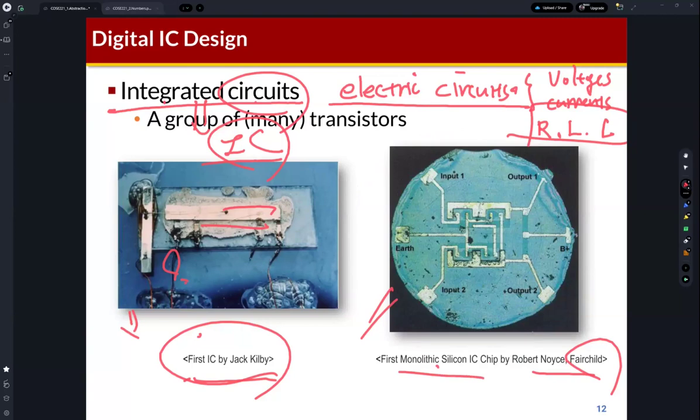Currently we use semiconductor technology to build electric devices, right? What is semiconductor technology? We can use silicon.